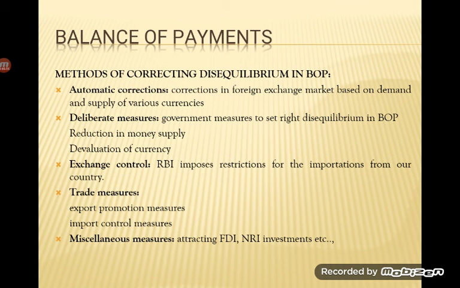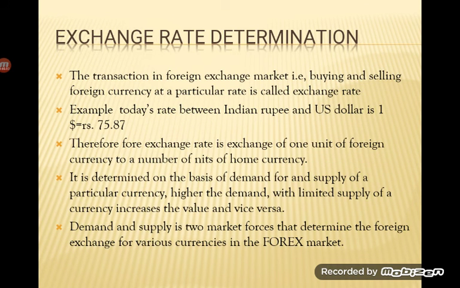We'll be moving on to the next topic, that is exchange rate determination. What is exchange rate? It is the rate at which one country's currency is exchanged for another country's currency. That is, a unit of home currency will be exchanged for the foreign currency or vice versa.